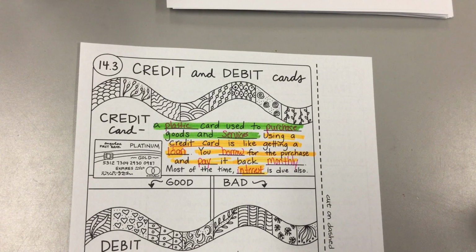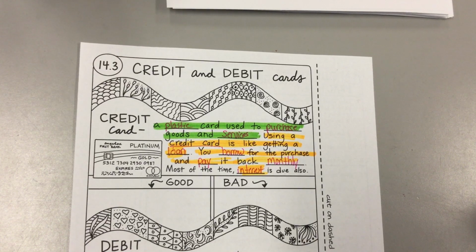Now guess what the next month? Now I'm getting charged interest on the $110. So now my interest is not $10 anymore, it's now $11. So now my shoes that were $100 now cost me $121, right? And then the next month it keeps piling on and piling on.